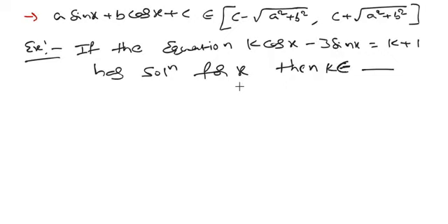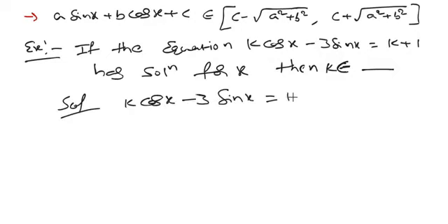We need to identify the k values. Here you can see the trigonometric equation: k times cos x minus 3 times sin x equals k plus 1.